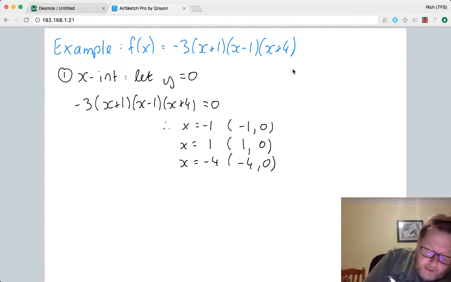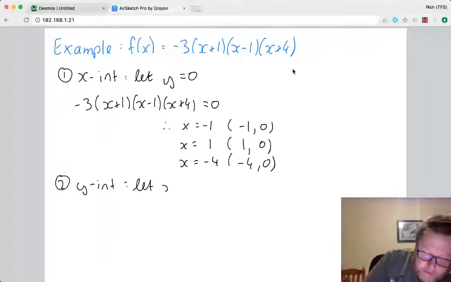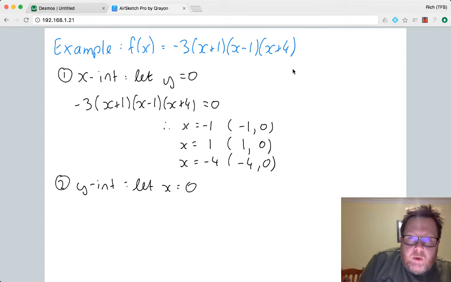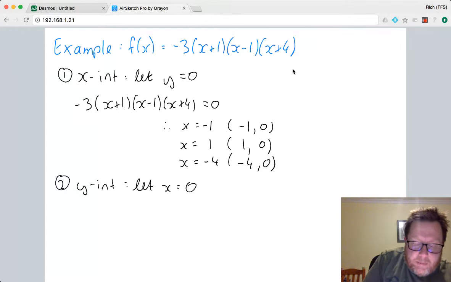The next thing we'll look at is y-intercepts. And that's when we let x equal 0. So in order to do this, if you think about it, if x is 0, that becomes 1, that becomes -1, and that becomes 4.